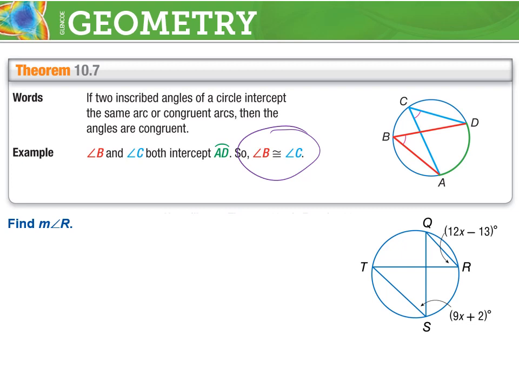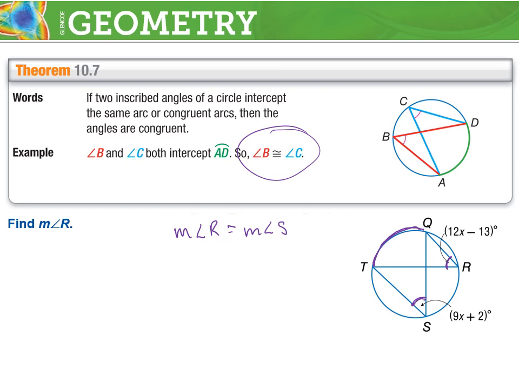It says find the measure of angle R. Angle R is this inscribed angle, and it intercepts the arc TQ. This arc is also intercepted by the angle at S, so those two angles are exactly the same. The measure of angle R equals the measure of angle S.